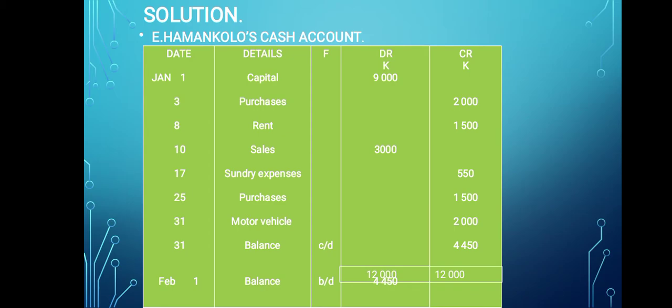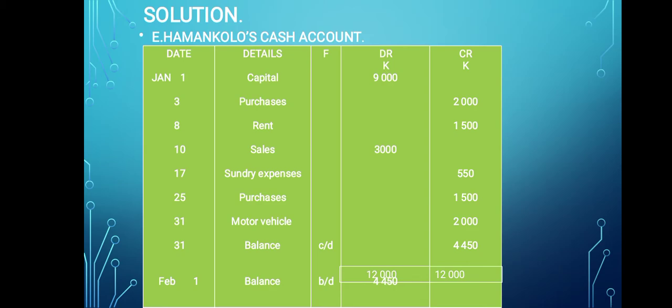So we begin to record here, 1st January date. First transaction that was done was that we had capital of how much? 9,000. 9,000.